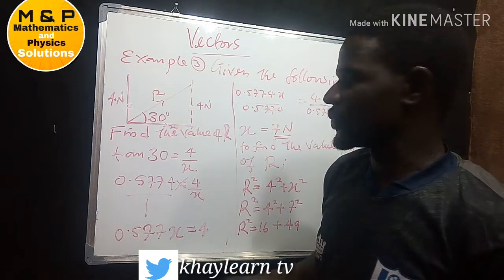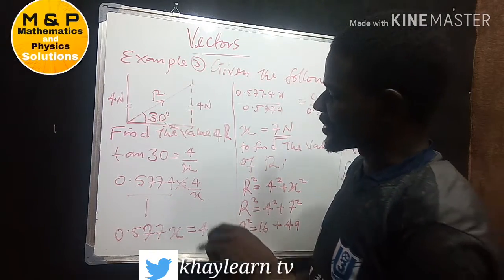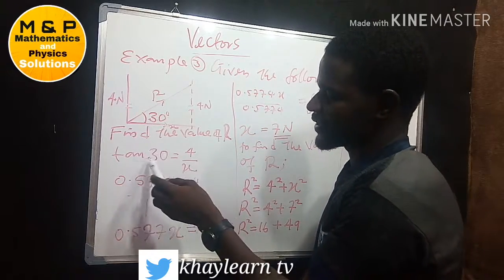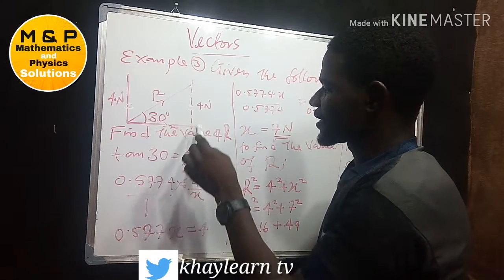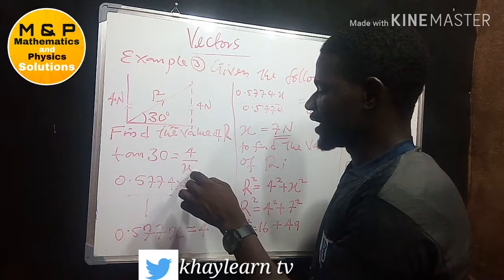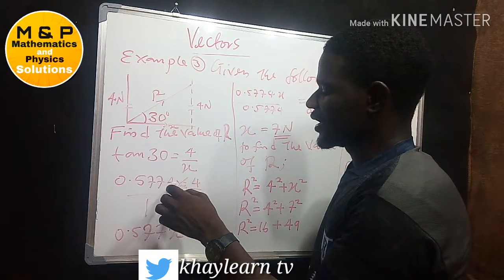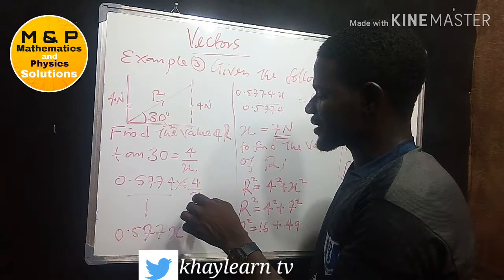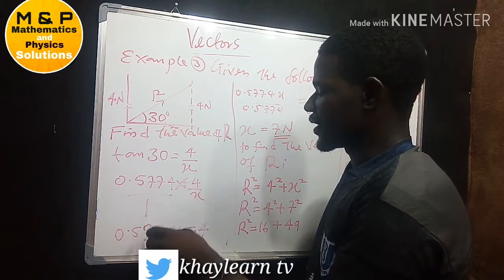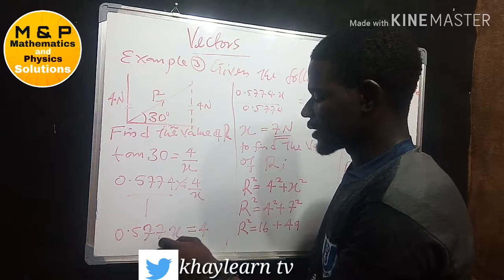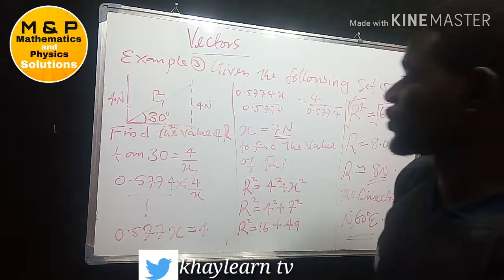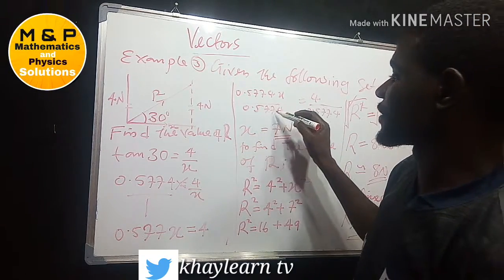Now what you will do is use the tangent of the angle, that is tan 30 equals opposite over adjacent, which is 4 over x. Now tan 30 is 0.5774, which gives you 4 over x. When you cross multiply, you get 0.5774x equals 4. Then divide both sides by 0.5774.